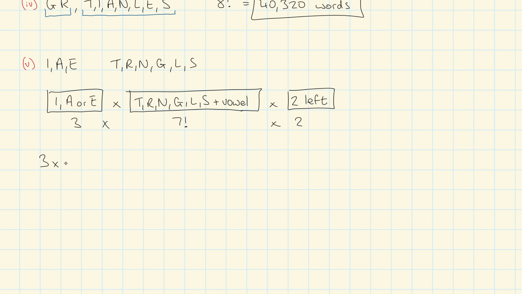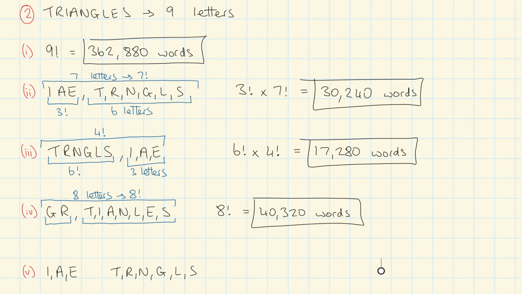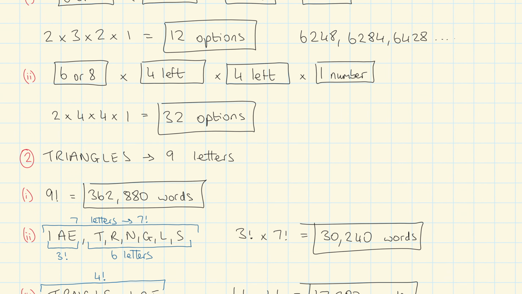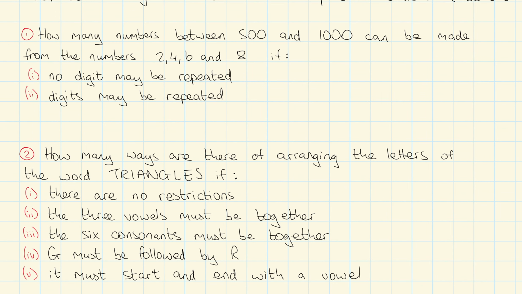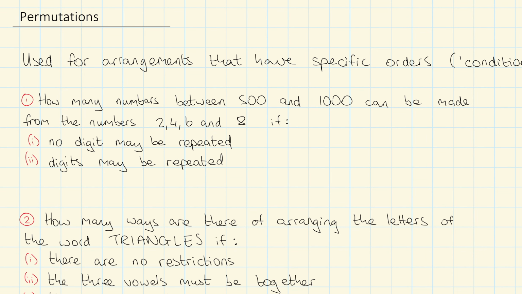So it'll be 3 by 7 factorial by 2, which will give me 30,240 words. Okay, and that's example 2 answered. So again, just for permutations, always draw it out as best as you can. It usually helps simplify the question a little. Okay, and that's us done.